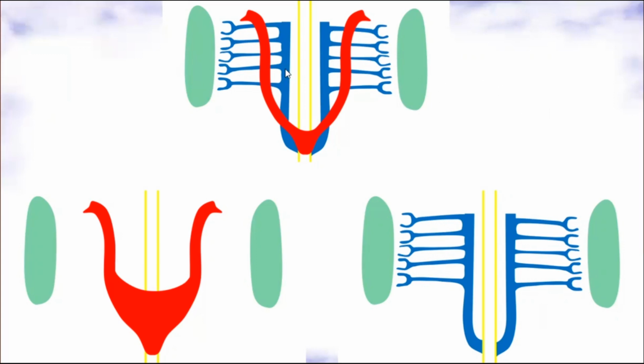So here we can see the indifferent and differentiated stages, and we will describe the development of the reproductive system for the gonads, ovaries, and testes. There are indifferent gonads and differentiated gonads, ovaries and testes, and also there is a reproductive tract.